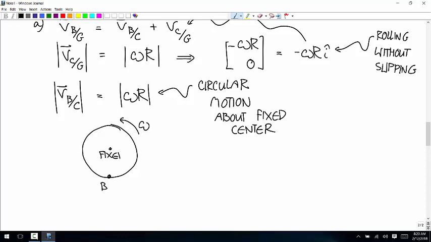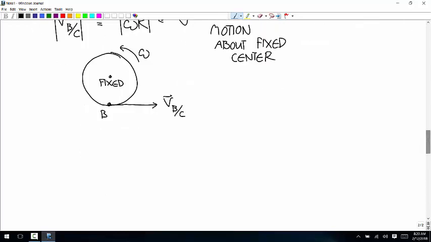So that's the velocity of B relative to the center. And so now our relative motion equation says velocity of B relative to the ground is equal to velocity of B relative to the center plus the velocity of the center relative to the ground.